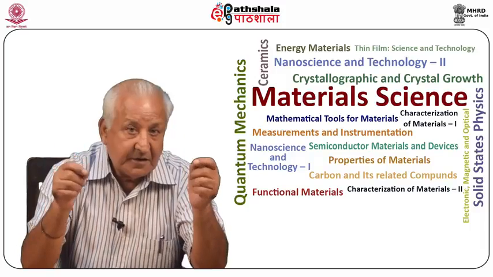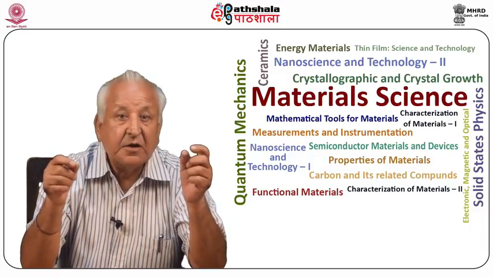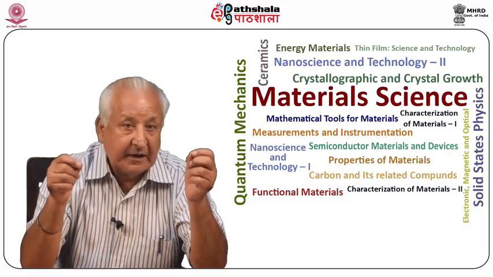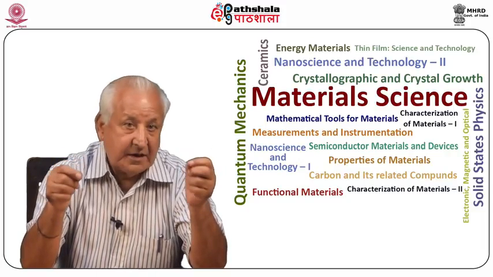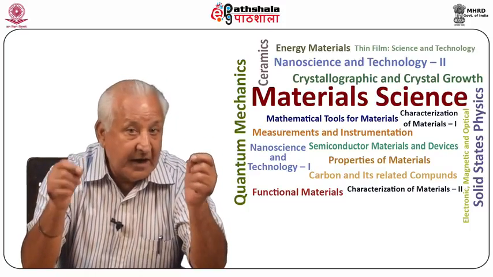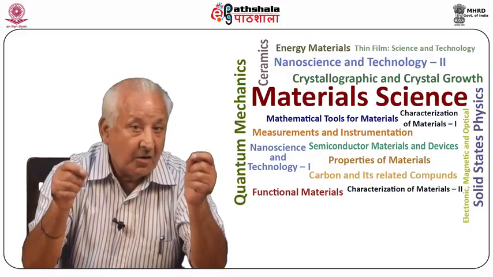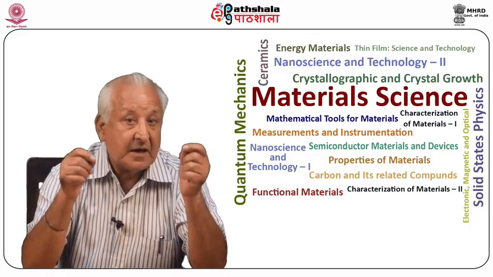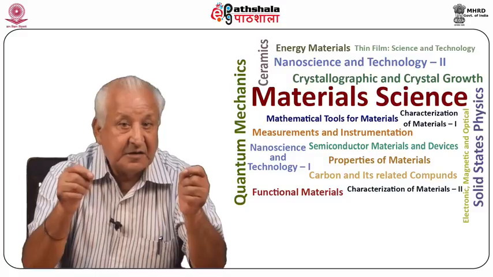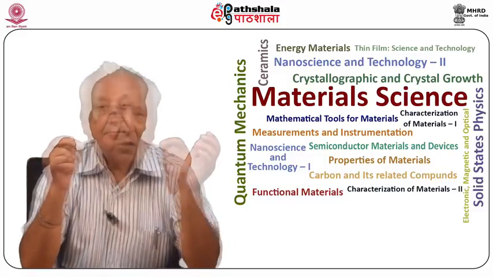The general reciprocal lattice vector capital G has magnitude 2 pi upon d, where small d represents the spacing of planes of Miller indices HKL of the direct space lattice. This is known as Ewald construction.